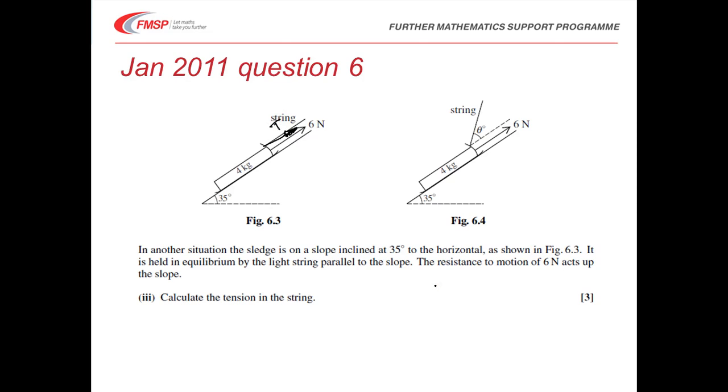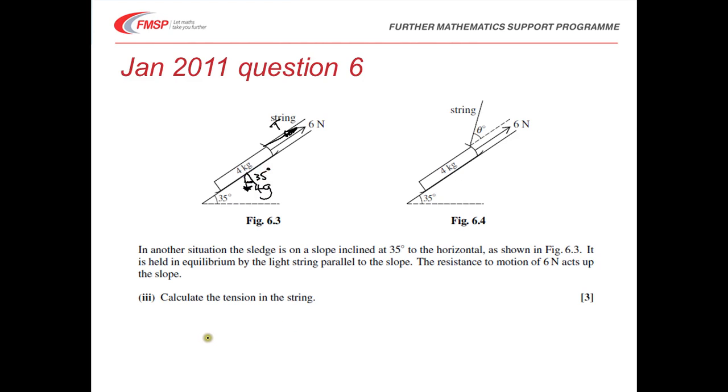Now in this case, we've got to remember that because we're on an inclined plane, we'll have a weight acting downwards. The weight is mg, so in this case that's 4g. And remember, if this angle here is 35, then the angle there to the vertical will also be 35 degrees.